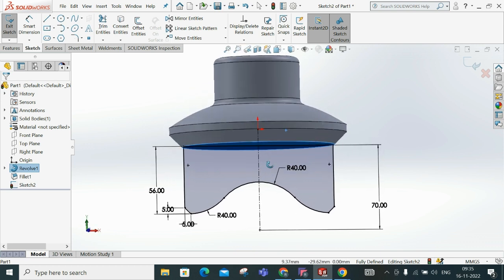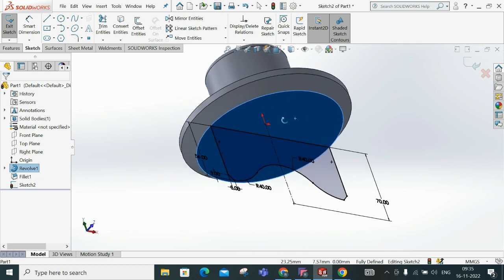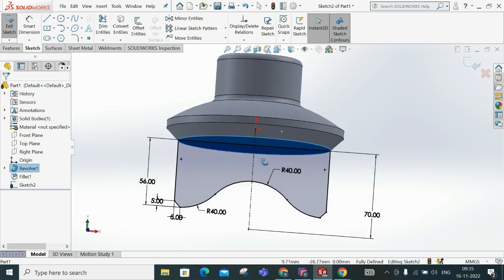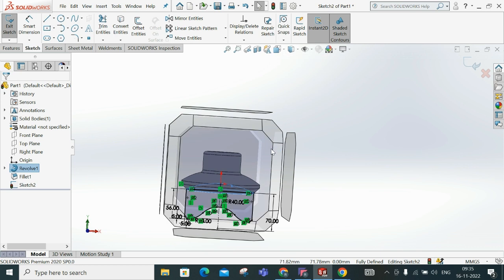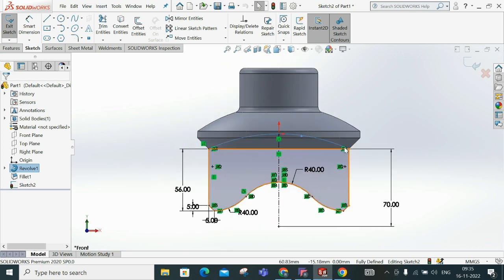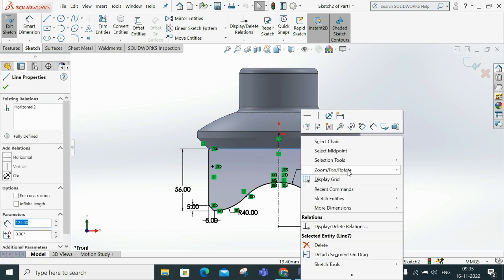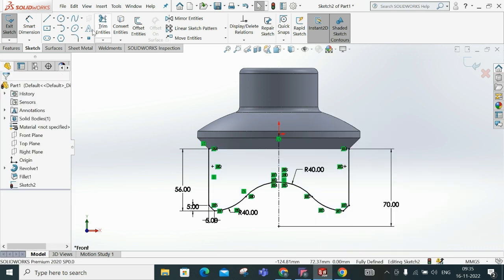So just to avoid that, I can do many things. One among that is to draw an arc, not on the face. Instead of closing it like this, draw a 3-point arc and give a radius.